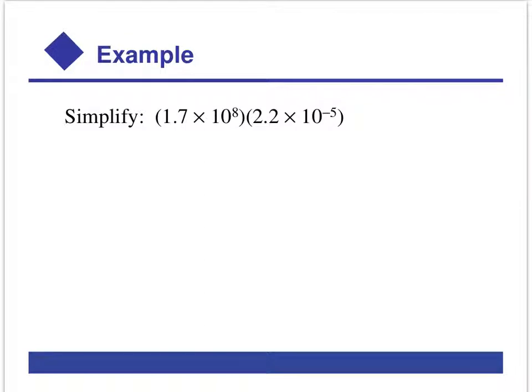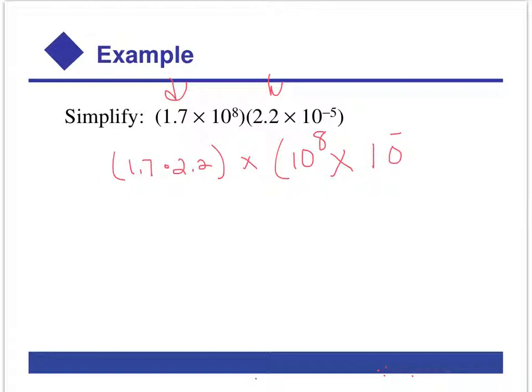Alright, anytime you have multiplication in scientific notation, you just take those numbers, the M's, and you're going to multiply them. And then this is the same thing as times. This is saying 10 raised to the 8th times 10 to the negative 5th.